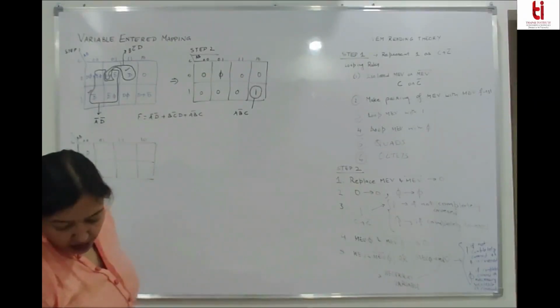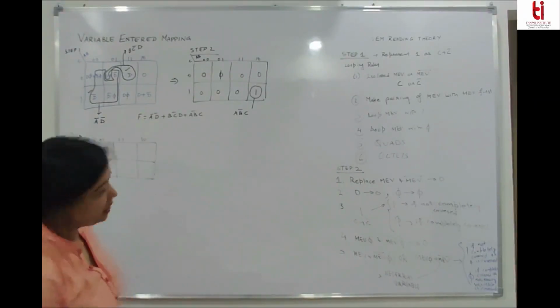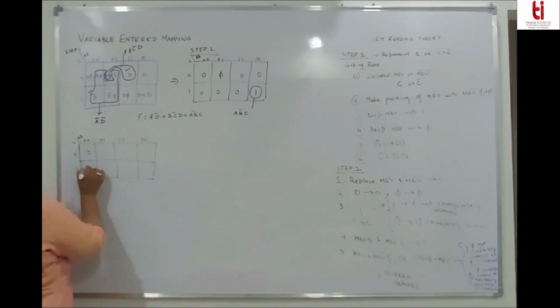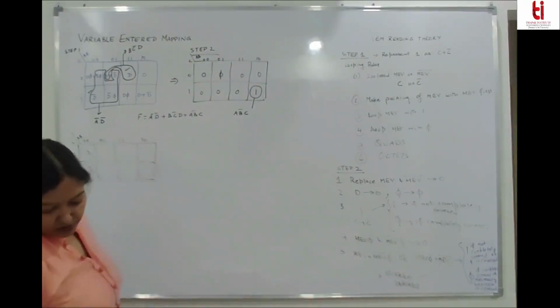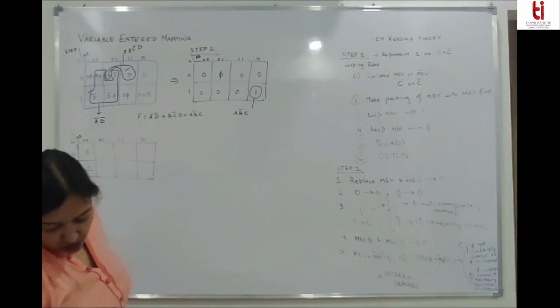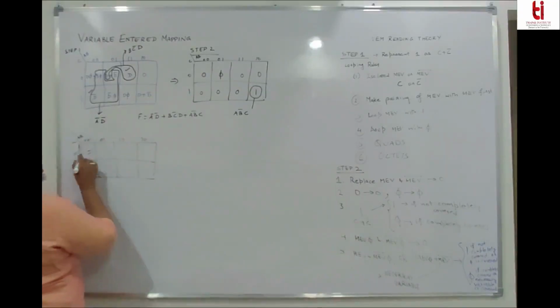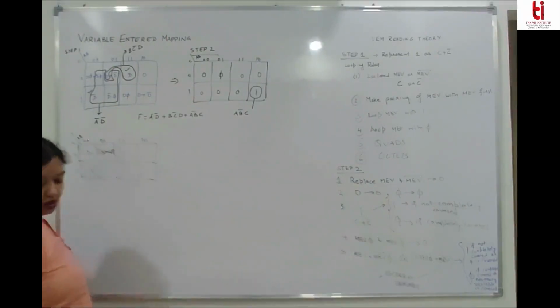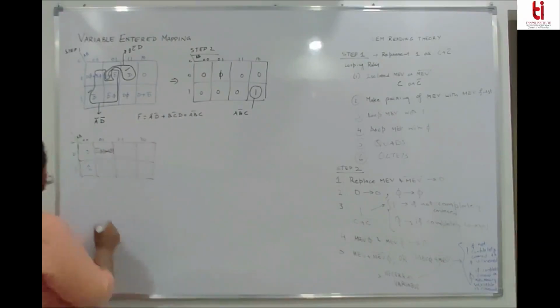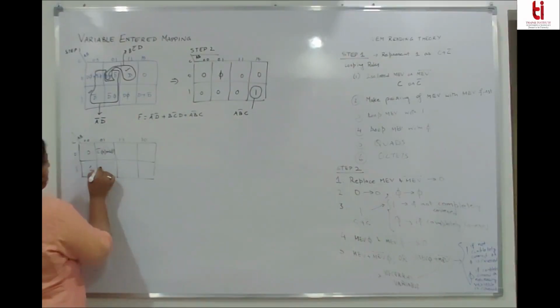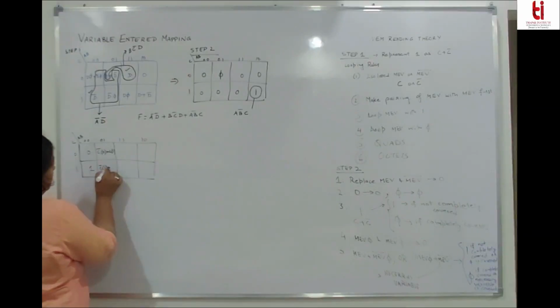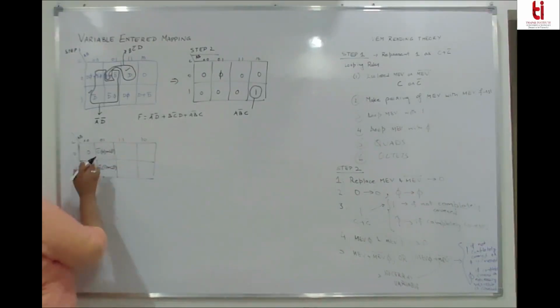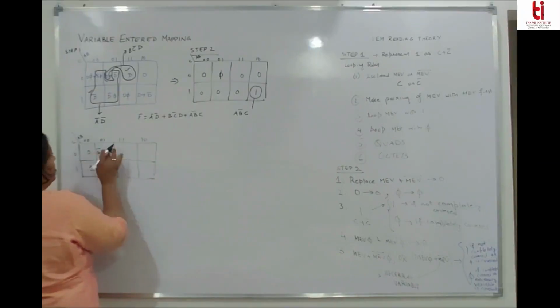For 0, 0, 1, the output is 1. For 0, 1, 0, C bar is 0, C is 1. For 0, 1, 1, the output is 1. Not C, sorry, it will be D.